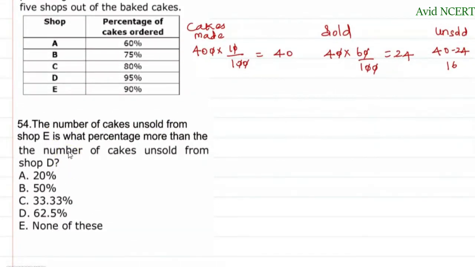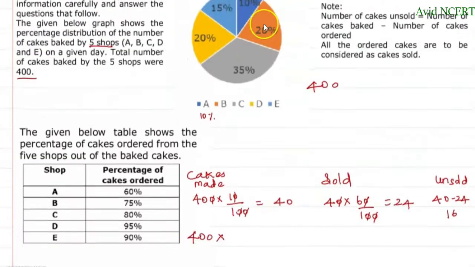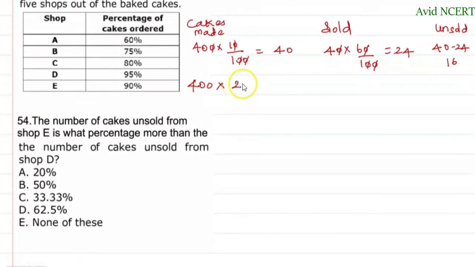Now for B, first let's find the number of cakes they made, which is 400 times 20 by 100. The zeros get cancelled, which is 40 times 2, that is 80. The number of cakes made by shop B is 80. The percentage of cakes ordered from shop B is 75%.